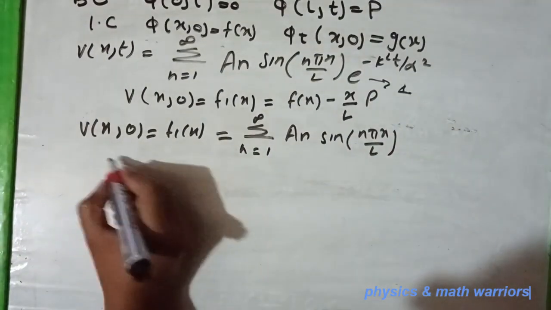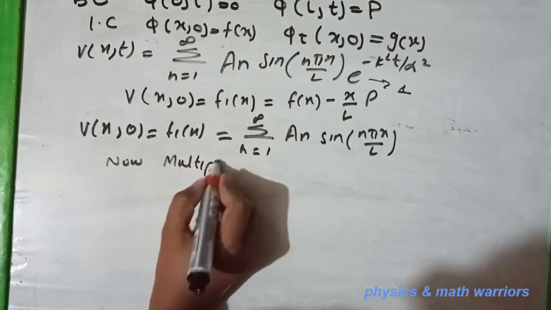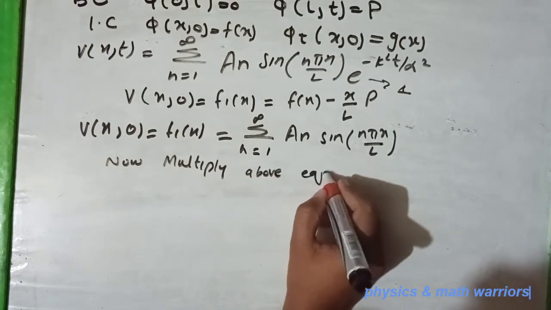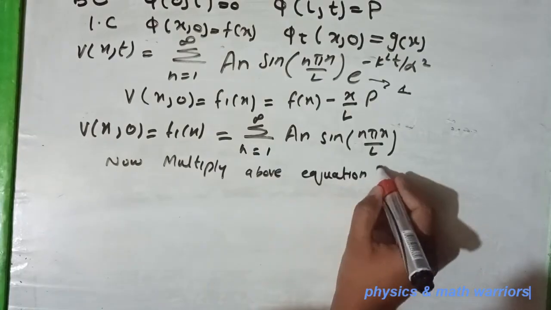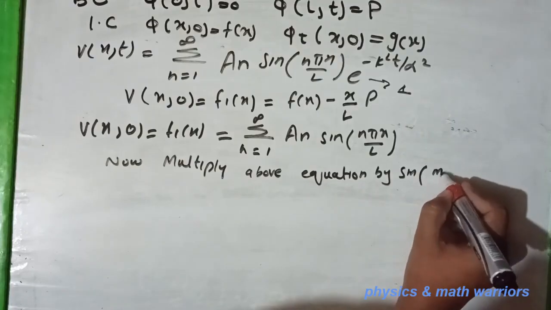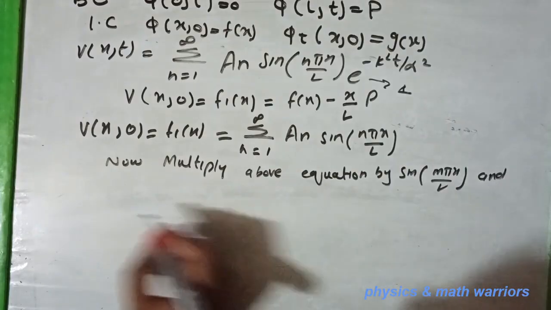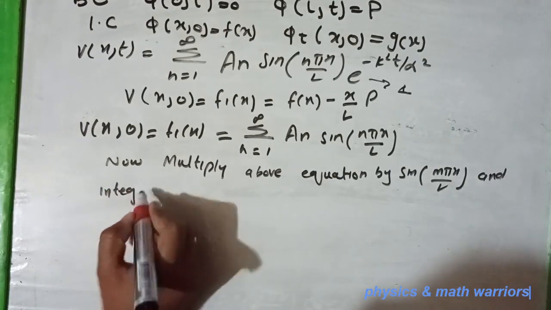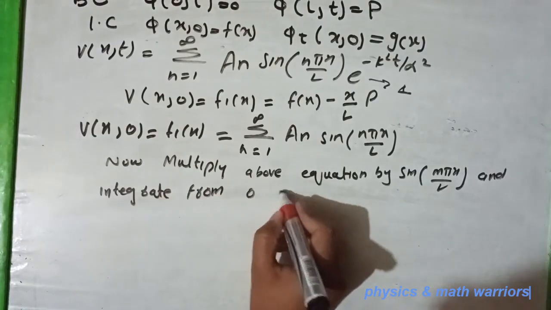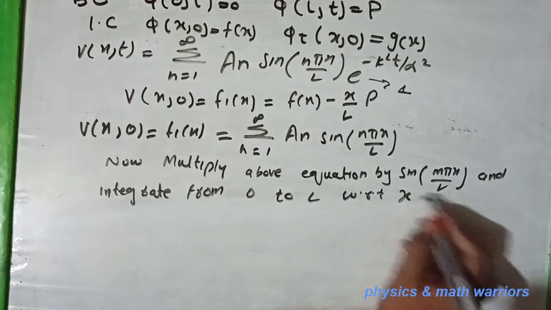Now multiply the above equation by sin m pi x over L and integrate from 0 to L with respect to x.